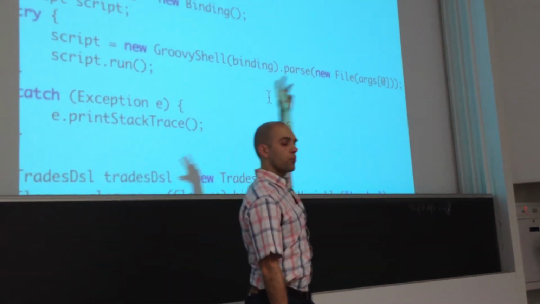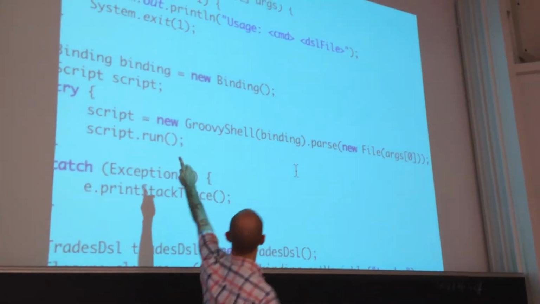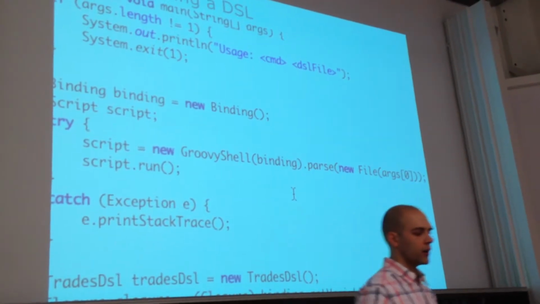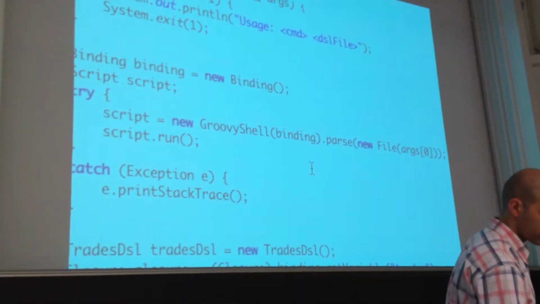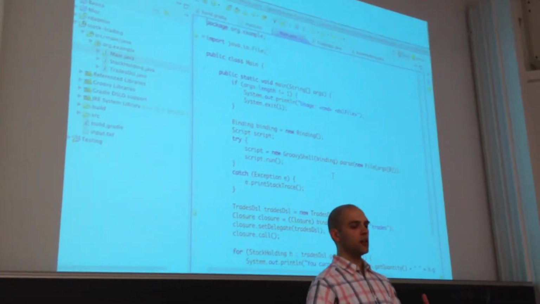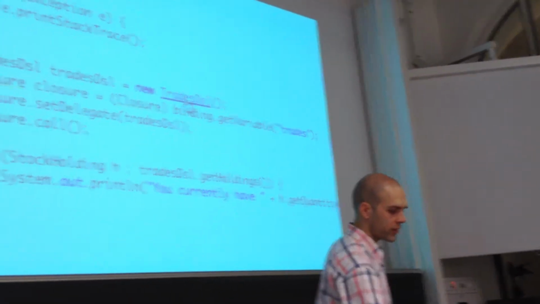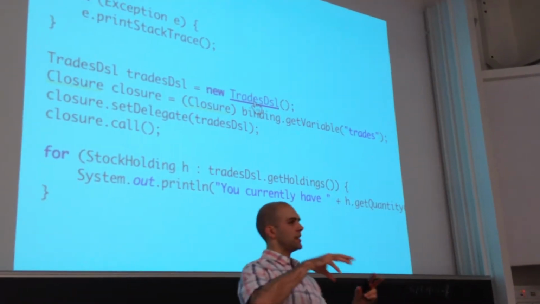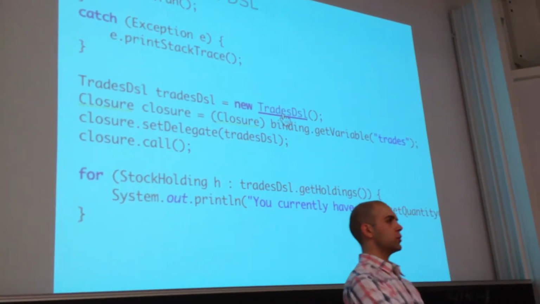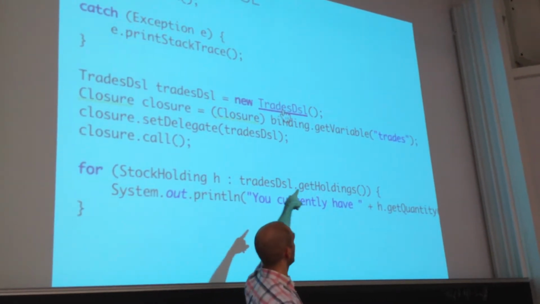That allows us to parse a standard Groovy script, give us a script instance, and then we can run that script. So that's what we do. So once we've run the script, any values that trades equals, for example, that was a declaration of a binding variable. So the script added a variable to the binding called trades.